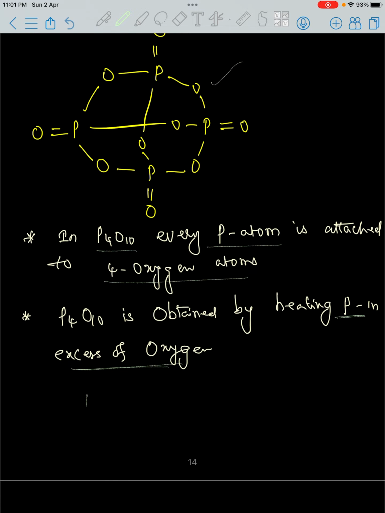When phosphorus is treated with excess oxygen, we'll get P4O10, with 2 moles of oxygen.